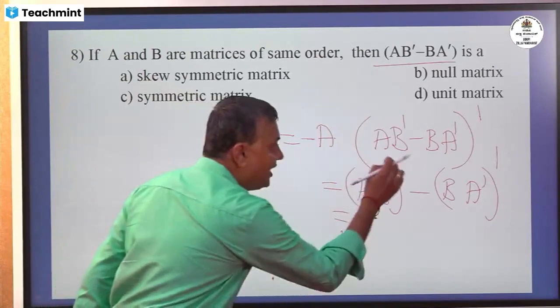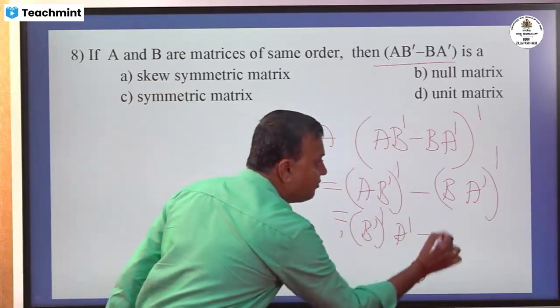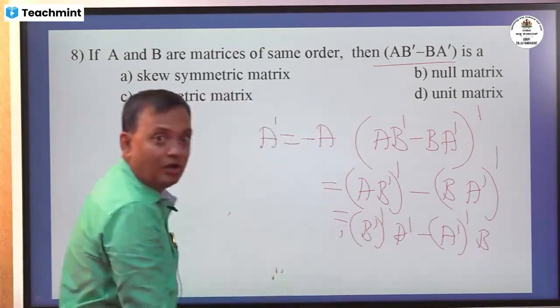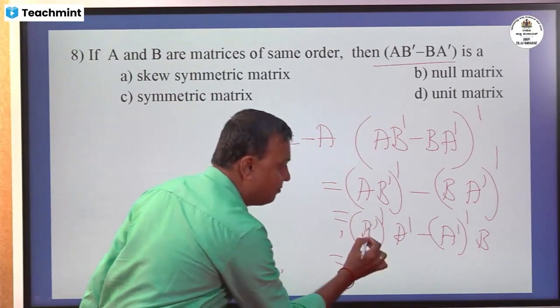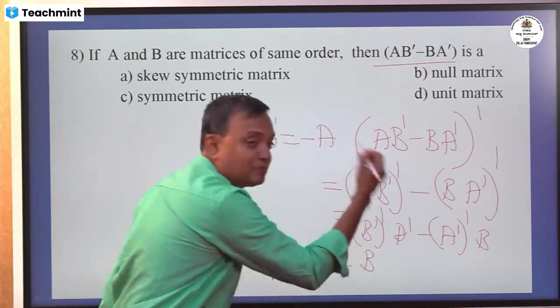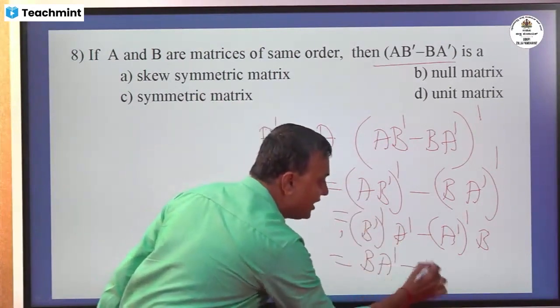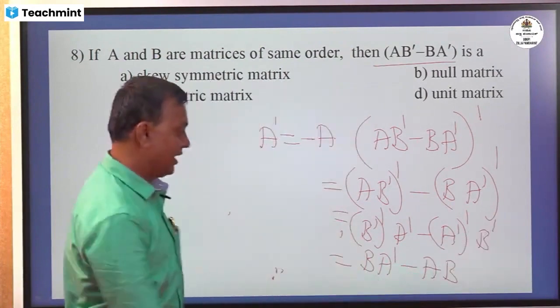What is AB dash whole dash? B dash whole dash A dash minus A dash whole dash B dash. We know the transpose of the transpose of a matrix is the matrix itself. B dash whole dash is B. So BA dash minus A, this is not B, B dash, correct.